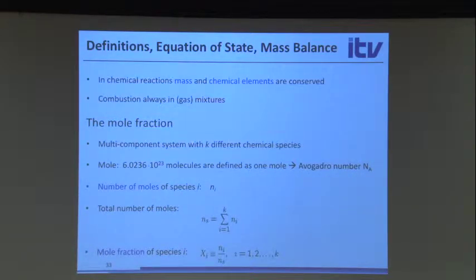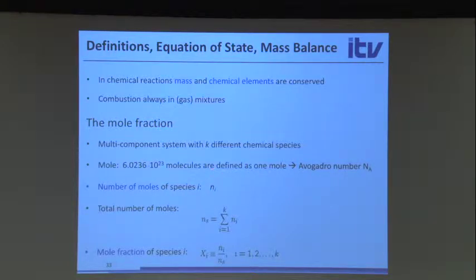So a few definitions here. Maybe I'll just go through this very quickly because you know all of this. Mole fraction is a quantity that we use to describe species composition in a mixture.